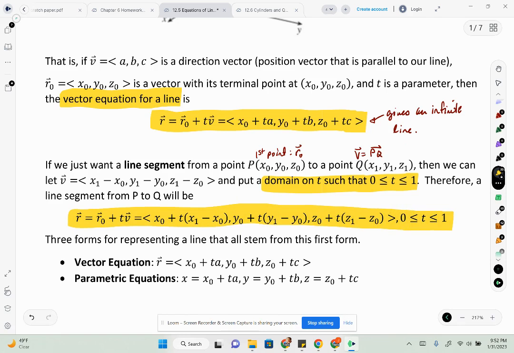I honestly only ever memorize the one for the infinite line, and I just know that if I have two points, I have to build a vector. That's my direction vector, and then I plop everything in. If I'm dealing with a line segment, then I put the domain on, and if I'm not, then I don't. So this domain right here is needed to make it a finite line segment.